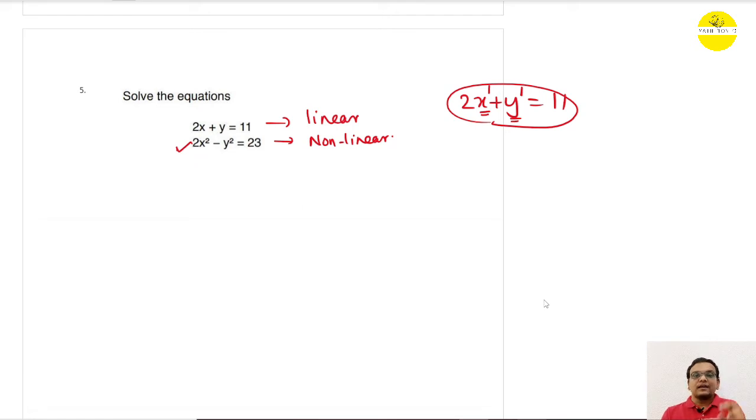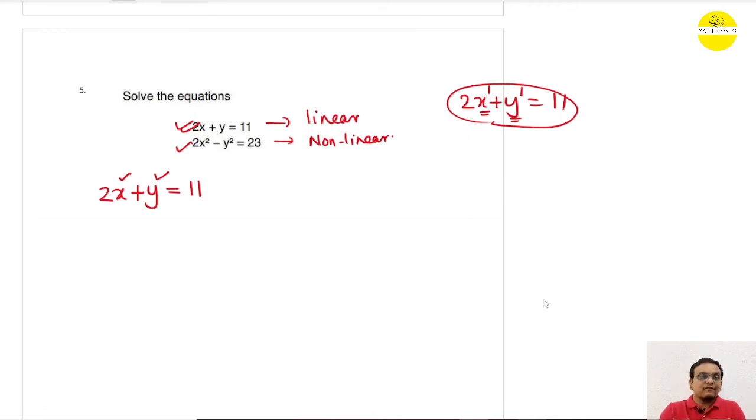First step, out of these two equations, please find out which one is the linear equation. In this question, I can see this one is my linear equation: 2x plus y is equal to 11. How many variables do we have in this equation? We have x and y. You can rearrange this equation, making the subject x or y, that is your wish.